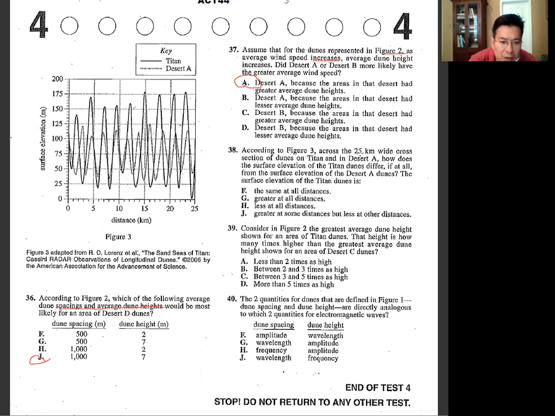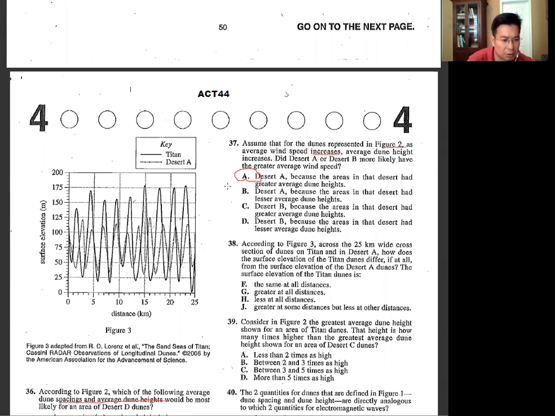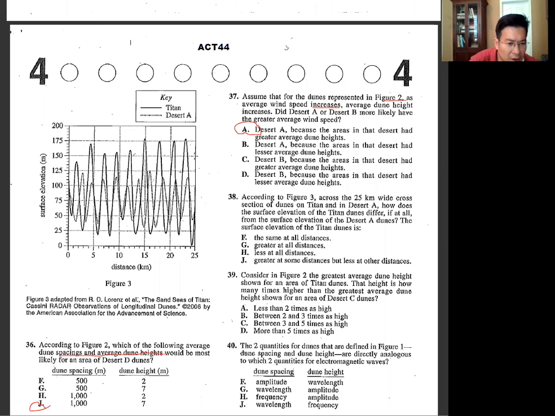38, according to figure 3, across the 25-kilometer wide cross section of Titan dune, how does the surface elevation of Titan dune differ from the surface elevation of desert A? Across the 25 kilometers, Titan goes up and down more than desert A. So the surface elevation is going up and down more.